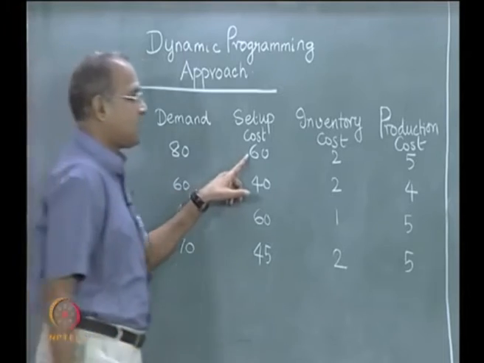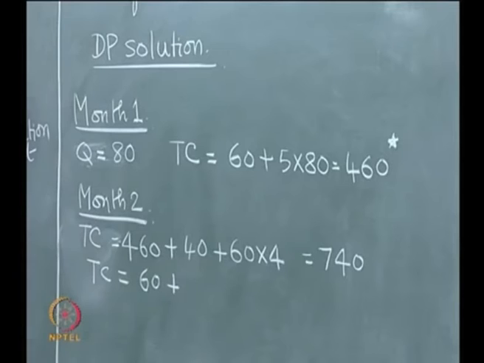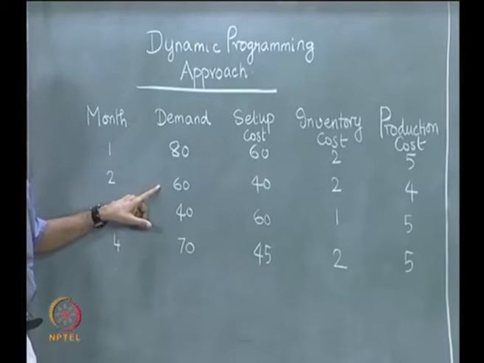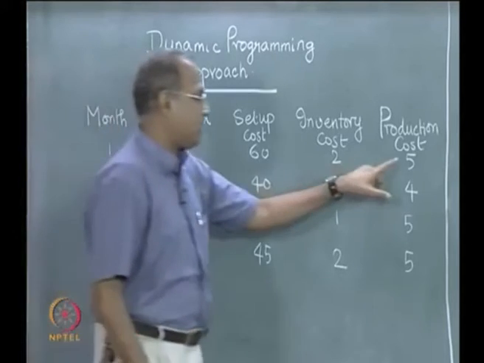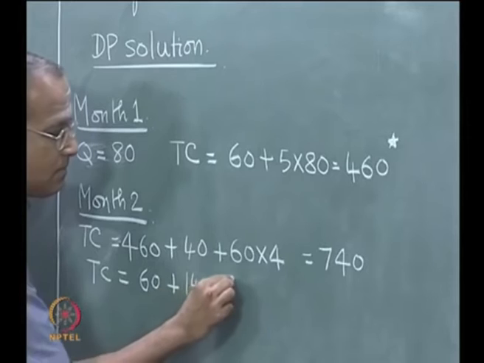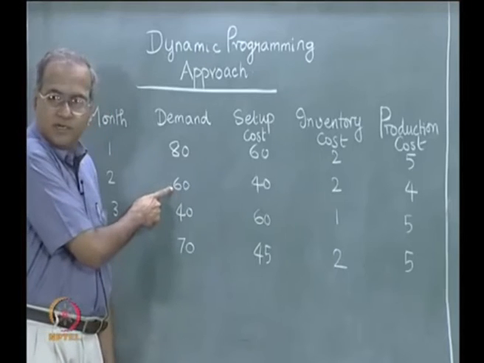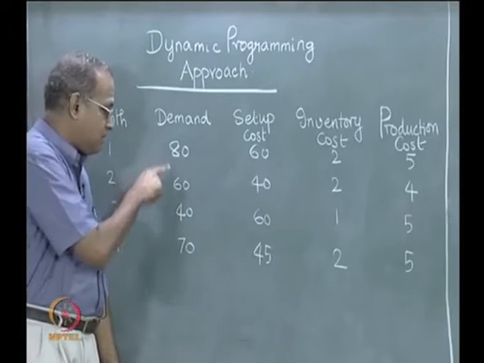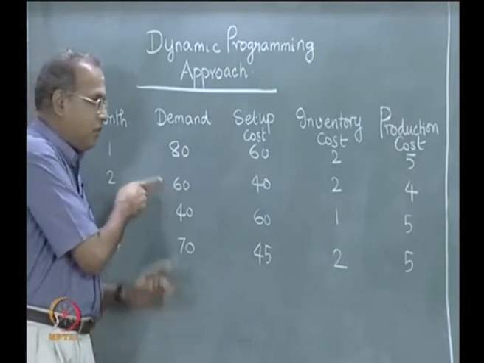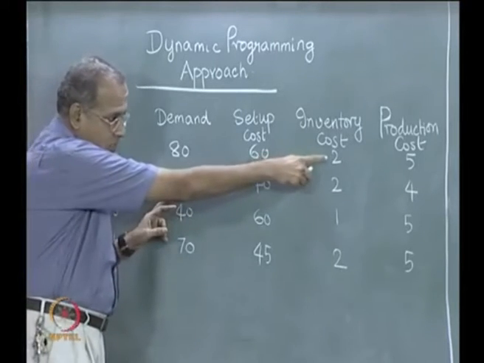So there is a setup cost of 60 that is incurred. 140 into 5, 700, plus these 60 units are carried from first month to second month, and therefore there is an inventory carrying cost of this 60 into this 2.